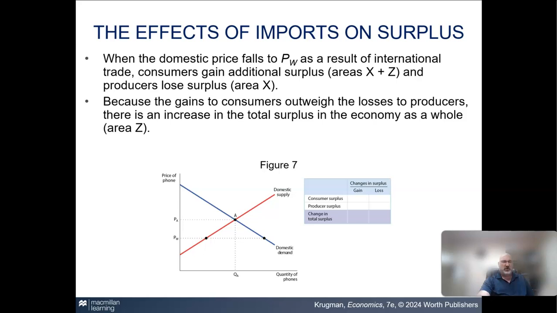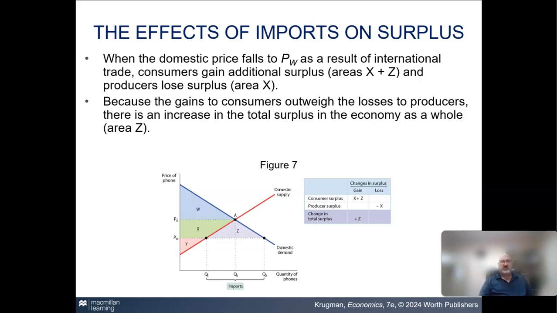As a result of international trade, consumers gain additional surplus. That's areas X and Z. So those go to the consumers. And producers lose surplus.